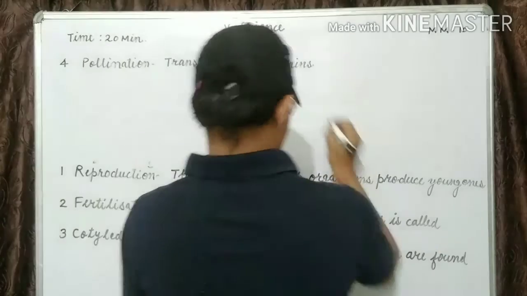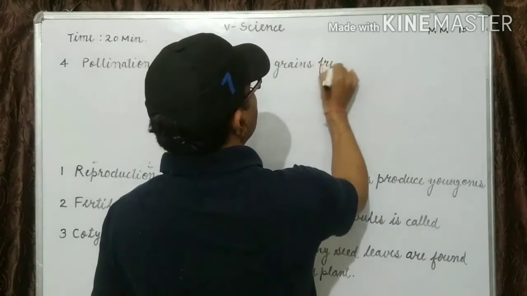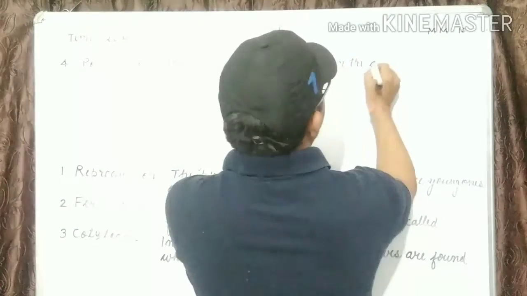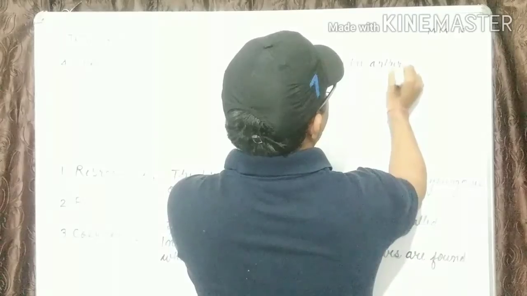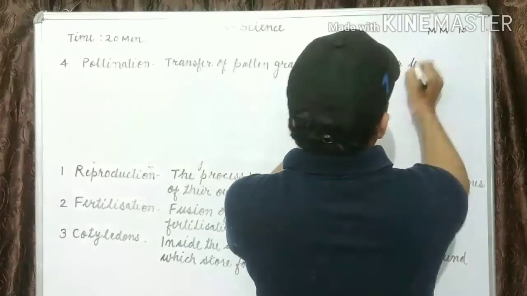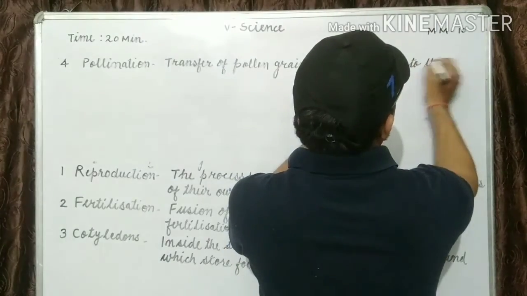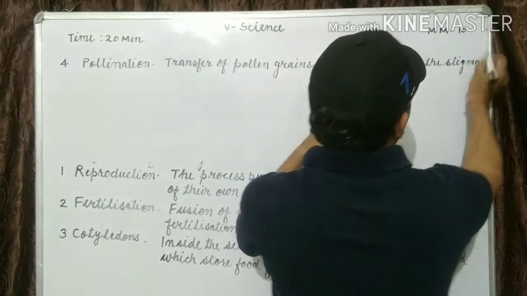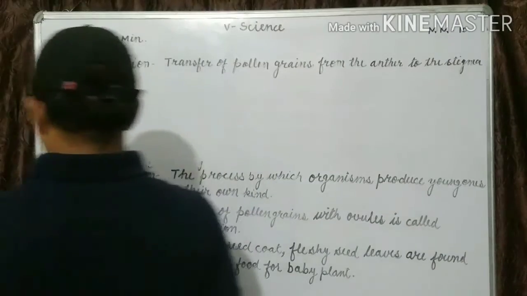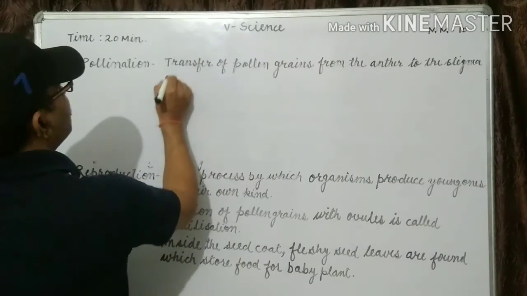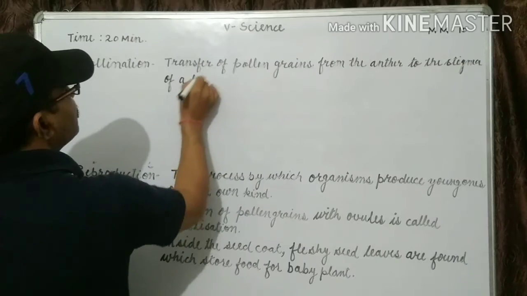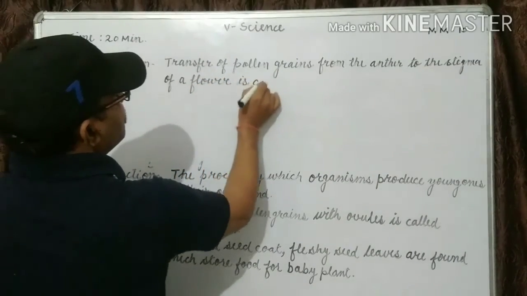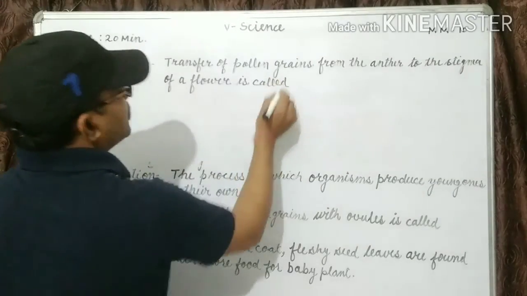Pollen grains from the anther to the stigma of a flower is called pollination.